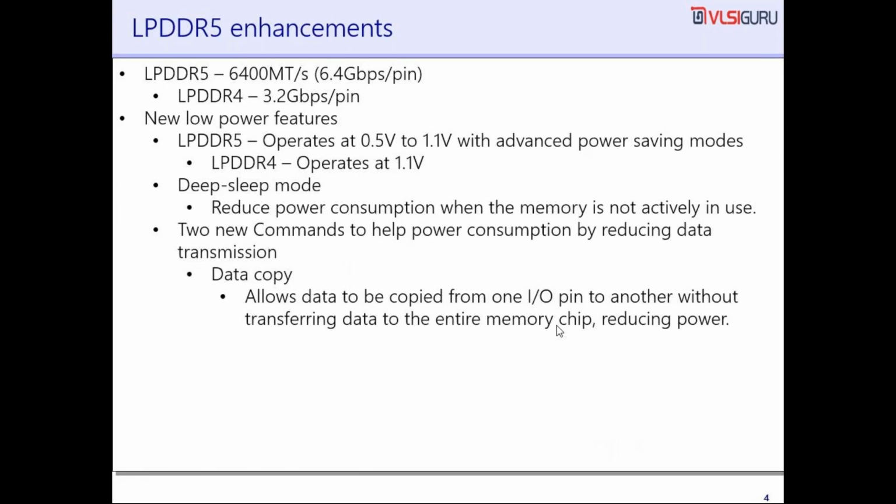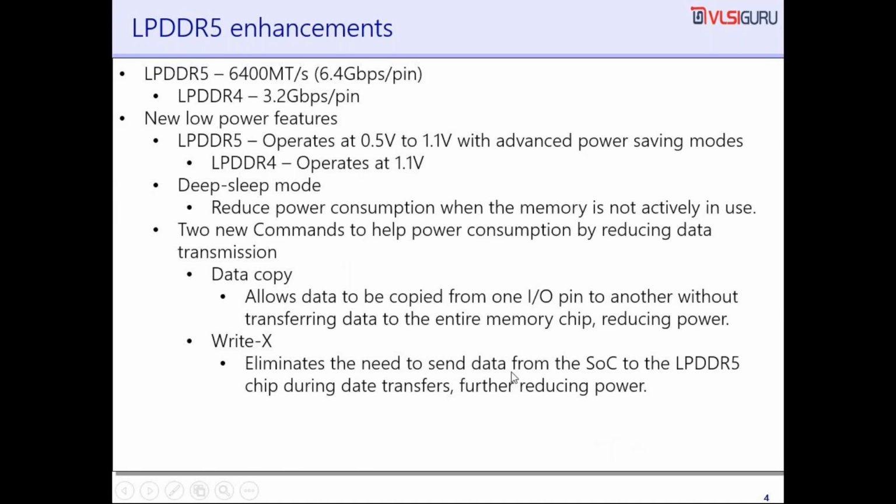There is a provision where we can copy data from one pin to another. That will essentially reduce the number of pins that you have to drive in specific scenarios. And then there is the write X command, which eliminates the need to send data from SoC to the LPDDR5 chip during the data transfer, further reducing power. We'll talk more about these commands as we go forward.